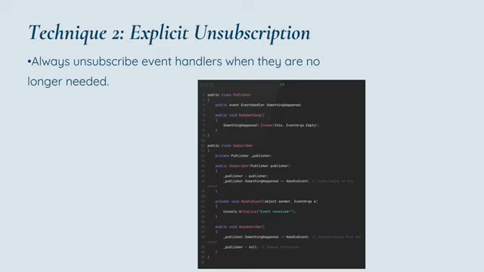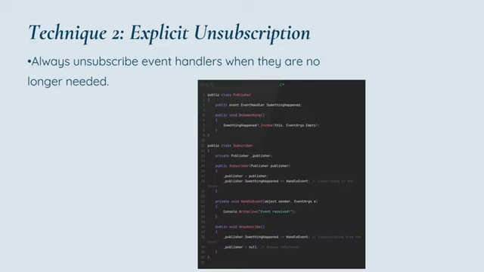And one of the best ways to prevent memory leaks caused by events is explicitly unsubscribing when the object is no longer needed. If we don't remove the event handler, the publisher holds a reference to the subscriber. So in this example, the subscriber class subscribes to the, for example, SomethingHappened event in the publisher class.